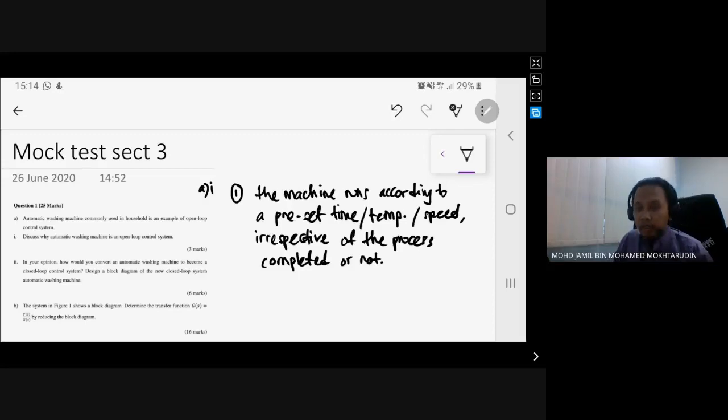Okay, so meaning that the process will run according to what you said.